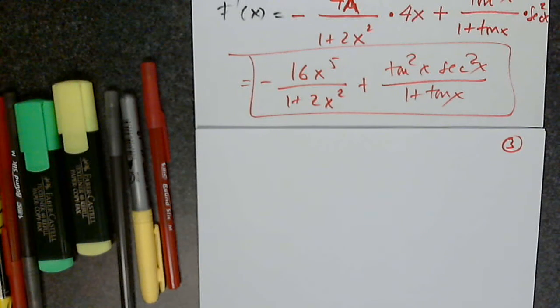What were the different categories again? Newton's method, optimizations, graphing a function using everything, and the mean value theorem. In chapter 3: differentiating, product rule, quotient rule, implicit differentiation, related rates, and linear approximations and differentials.